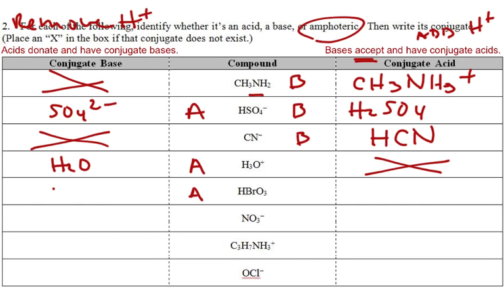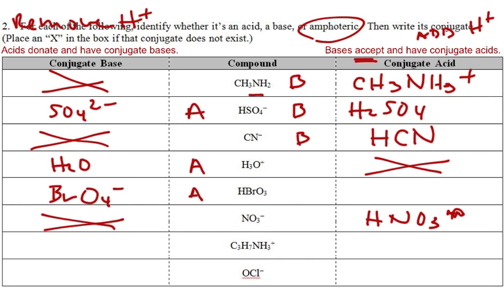I'm going to remove an H plus, and its conjugate base will be BrO3 minus. The NO3 minus has no H, so it cannot act as an acid, but it could act as a base. It could accept an H and become HNO3.